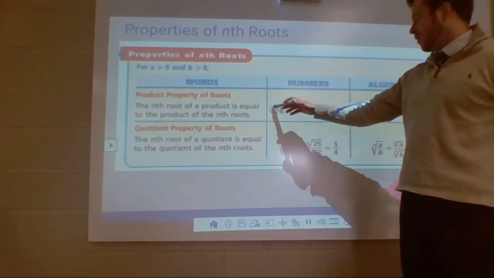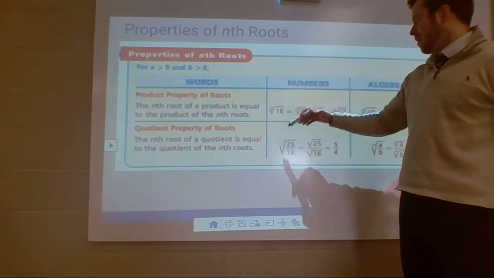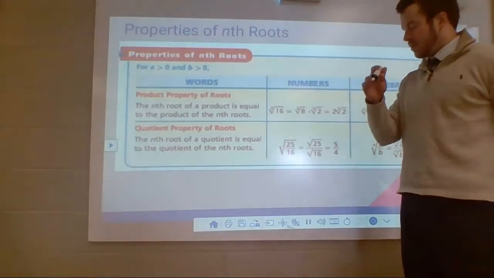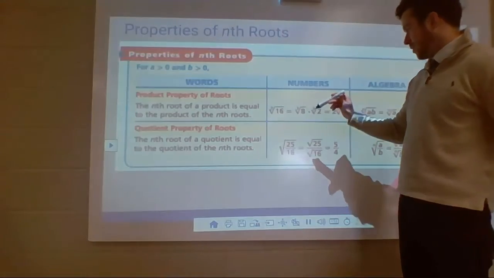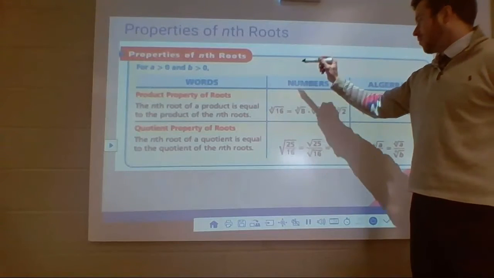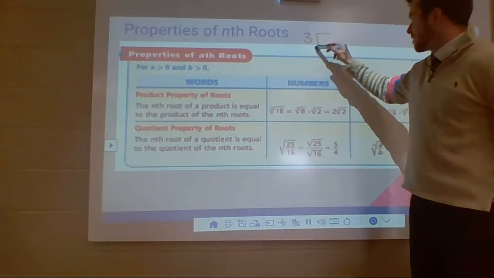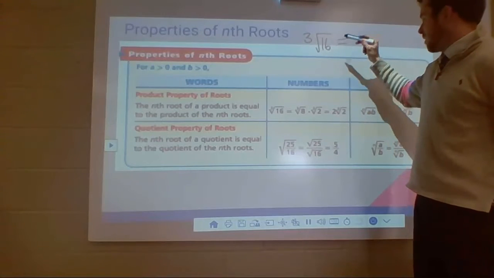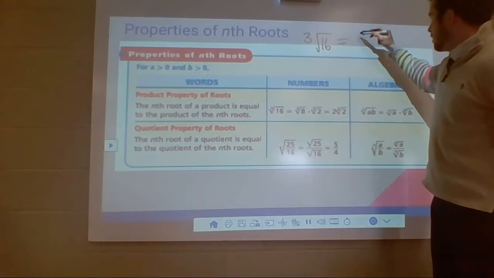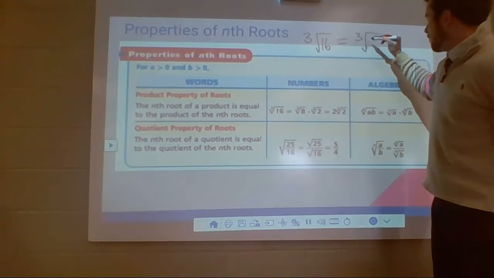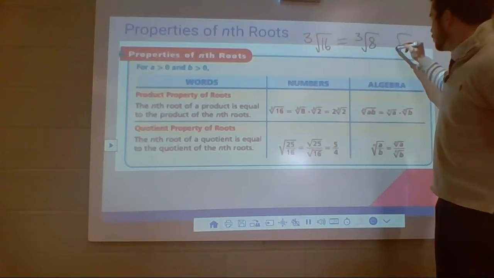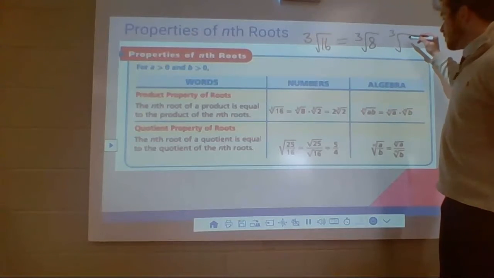So here we have the cube root of 16, and I know this might look fuzzy on the video. You should have your slides pulled up. But you can break down the cube root of 16, and I'll just write it right here. Cube root of 16, and we can break that down into the cube root of 8 times the cube root of 2.